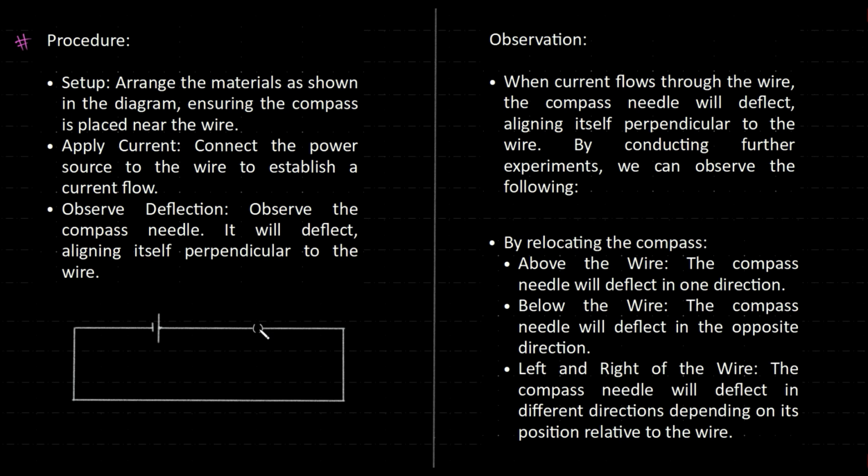It's a very simple thing. You have a battery, you have a switch, and you switch it on. With that, you keep a magnet around it. It can be below, it can be above, and so on.